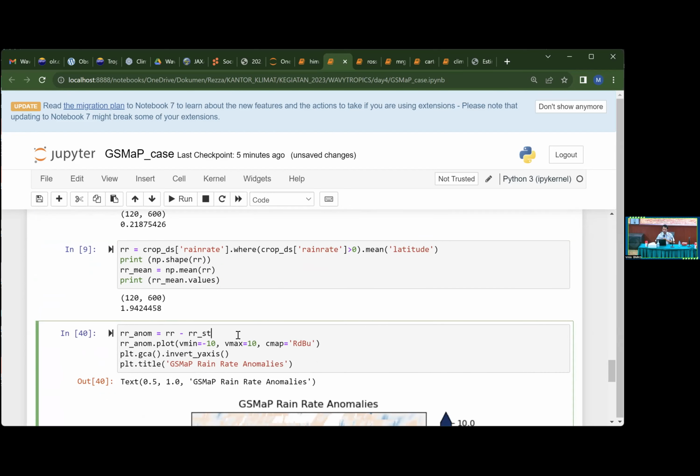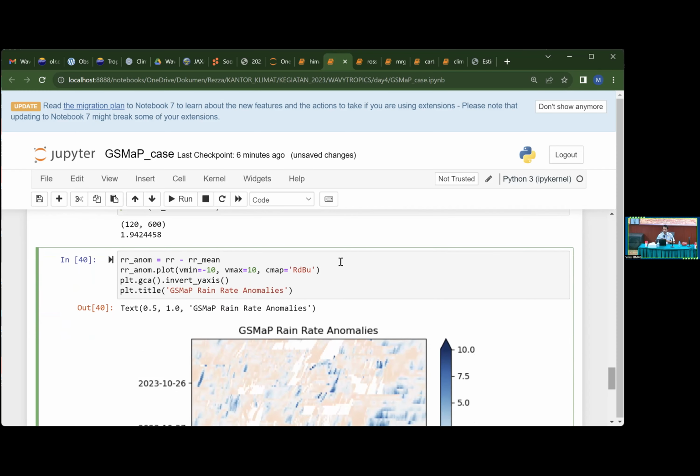And here we calculate the anomalies. Anomalies are simply your data subtracted by the mean value, either the climatological value or the mean value for your whole analysis. So you will get plus and minus to match the characteristic of the wave. And here we go.